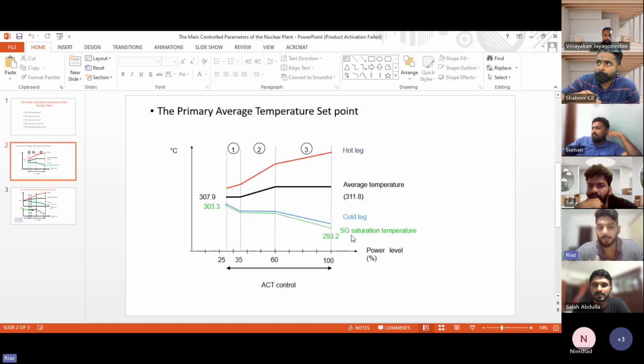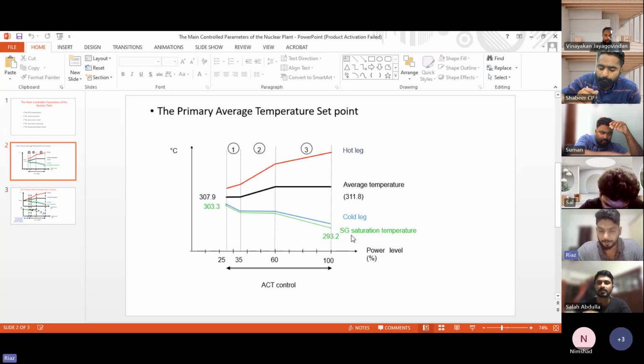And if it is above 25% of the full power, then it is in the ACT control mode. ACT means average coolant temperature. So these are the two control modes of operation of an NPP.